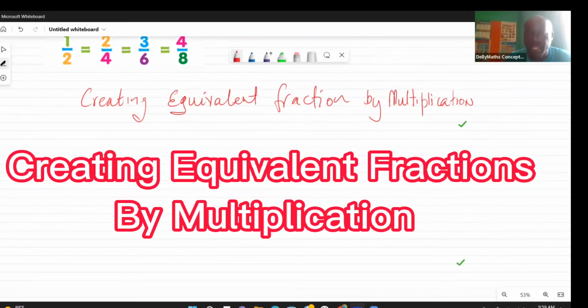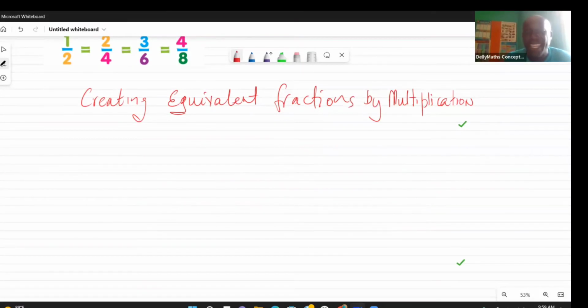Creating equivalent fractions by multiplication. Now, let us look at this idea. Let us say I have 3/5, 3 out of 5.